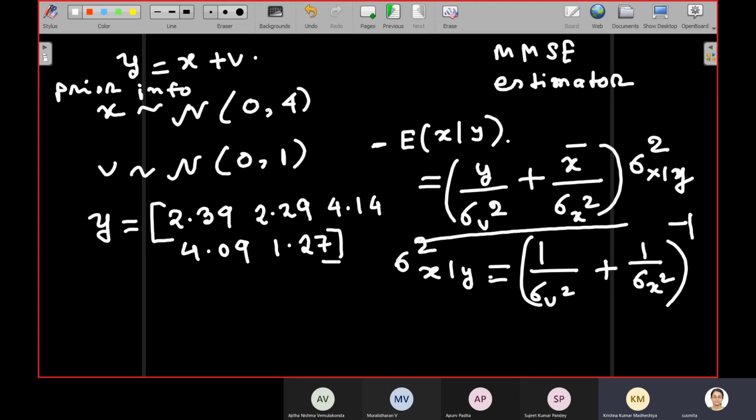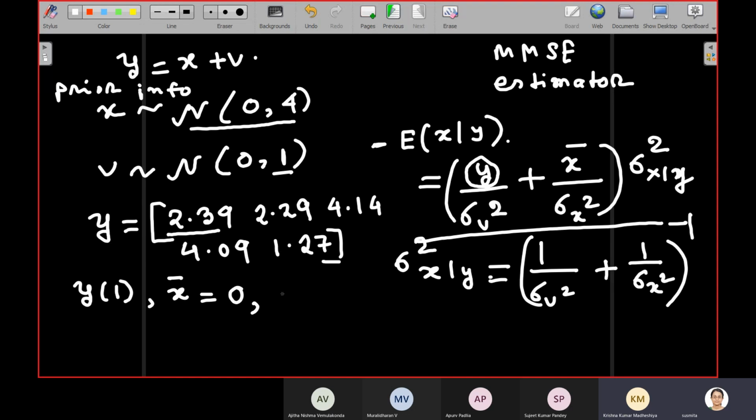This is the MMSE estimate. Now, what do we know? Do we know y? Yes, if we take one y, we know this. So with the first y, this has to be done sequentially using one measurement at a time. The first y will be put here. For the first y, x bar is 0, which we get from the prior distribution. Sigma v square we know is 1.